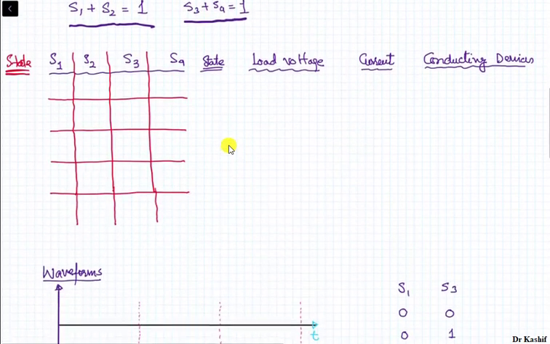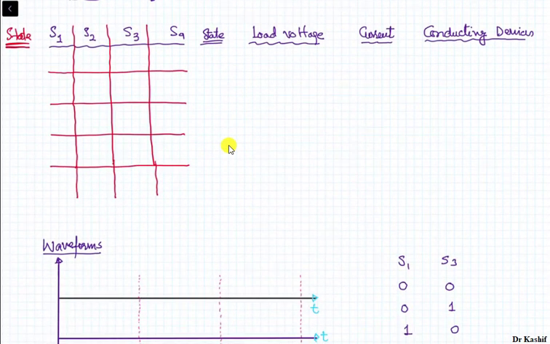I have indicated these different switching states over here: S1, S2 and S3, S4. So our high side switches are the switch S1 and S3, and the low side switches are switch S2 and switch S4. Okay, so in the first arm our high side switch is on, so S1 is in the on state and S3 is off at that instant of time, and low side switch S2 is in the off state, and the low side switch S4 is in the on state.